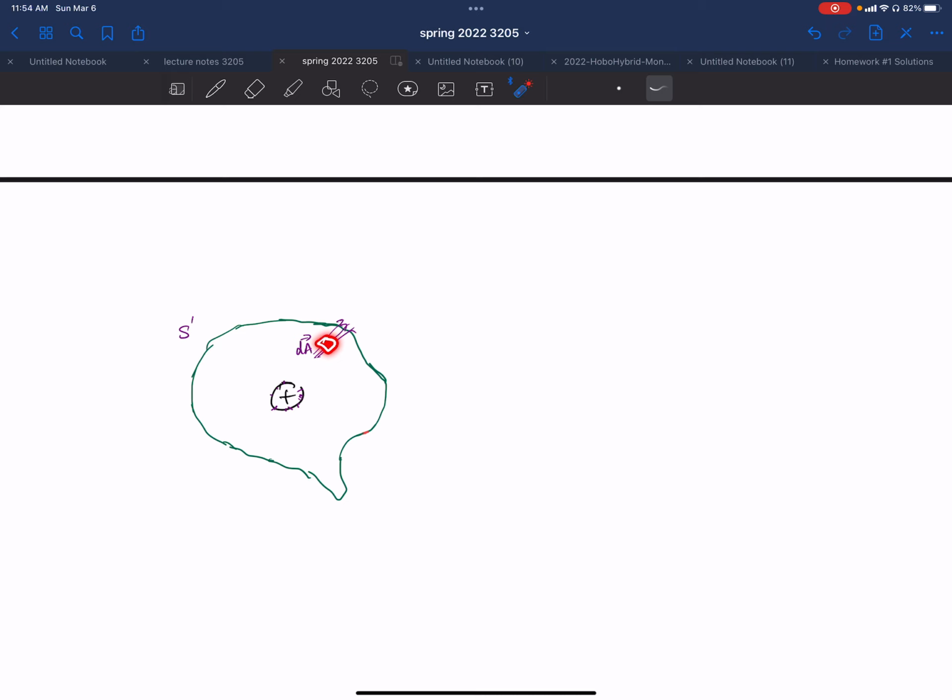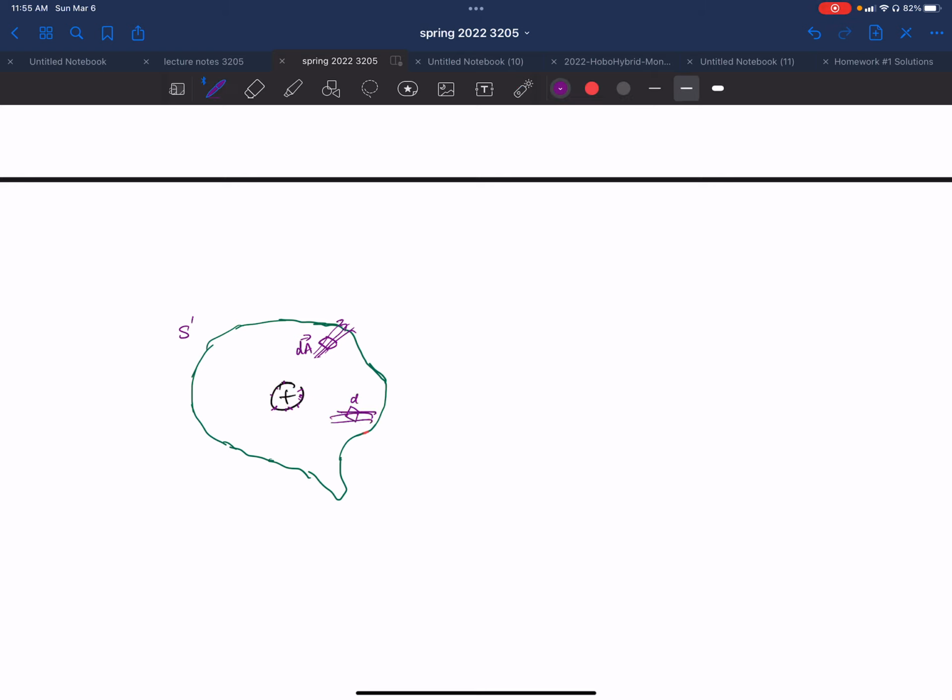But in each one of these areas, there will be electric field lines crossing. And remember, the green S prime is a three-dimensional shape, not a 2D shape. I have to draw it as 2D, but it's as if it were a weird sphere in three-dimensional space, completely encompassing this charge. Keep that in mind.